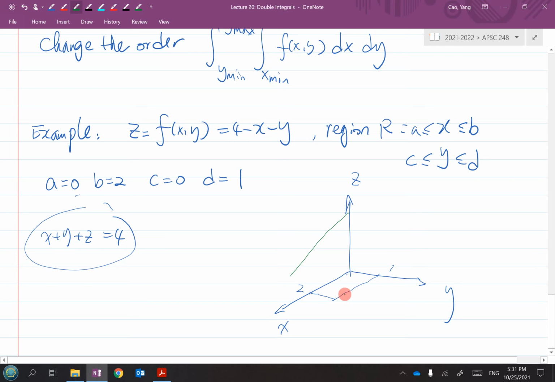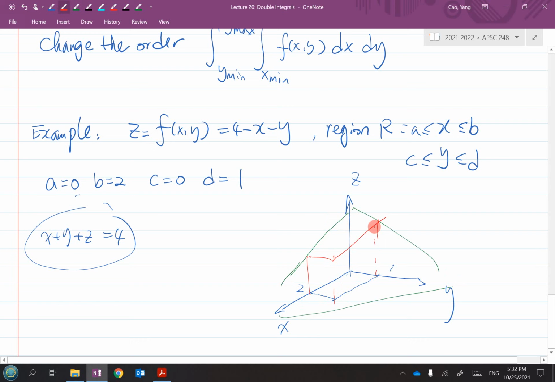So you're only looking at the part of the plane that's right on top of this region R. The plane probably looks like this, but what you're really looking at is you extend it up, maybe something like this, the part of the plane on top of this region R.